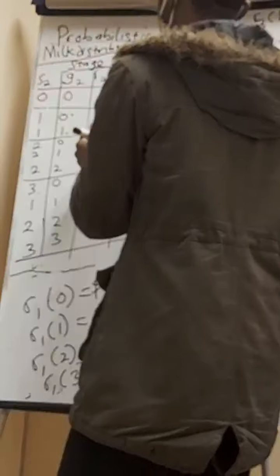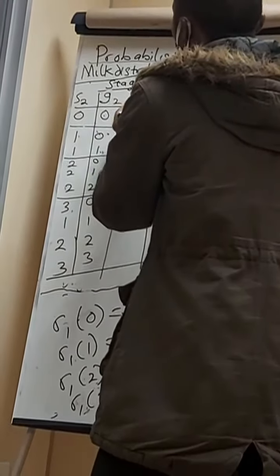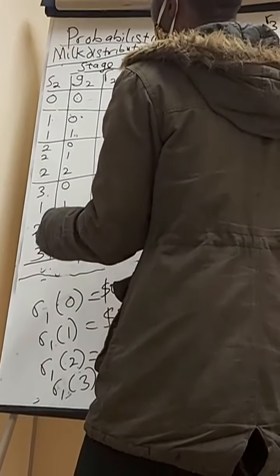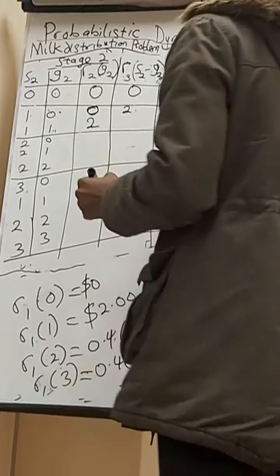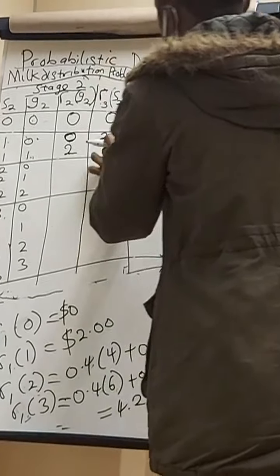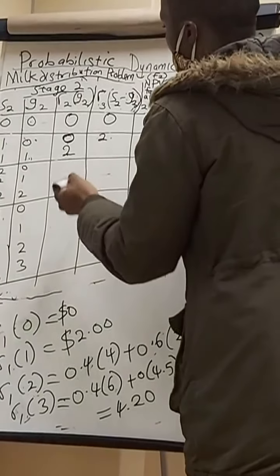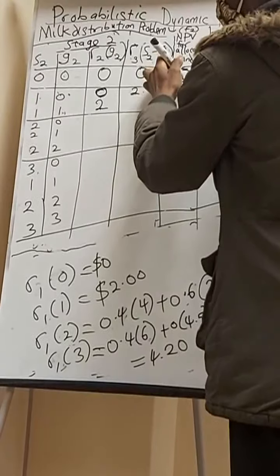If 1 was available and I've allocated 1 gallon, that would be R2 of 1, which I've calculated to be $2. So that will give me 2. Then this will give me R3 of S2 minus G2.